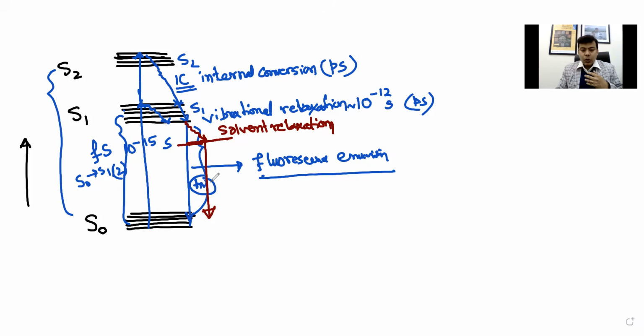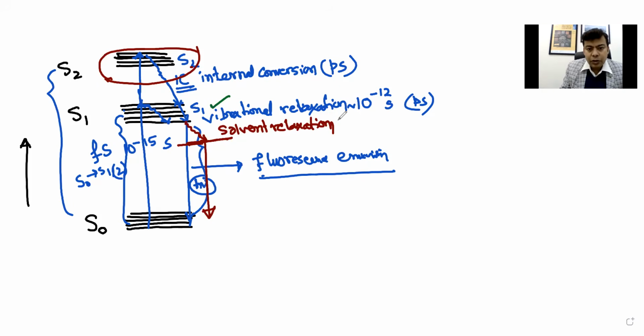So again, you are talking about two kinds of processes. If you remove the S2 complications, because in many fluorophores you don't even go to S2, you just go to S1, the first excited state, then you've got quite a few processes. One is vibrational relaxation.